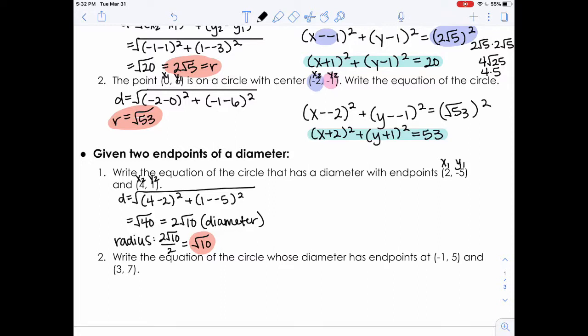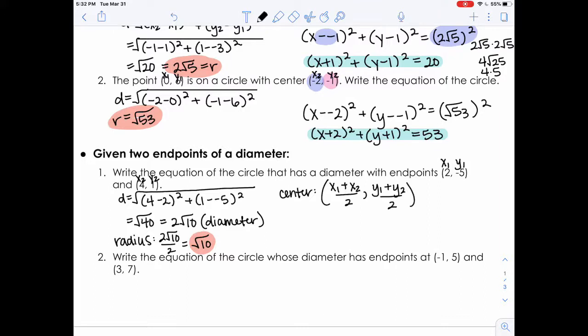So we're going to use the midpoint formula to find our center. And remember that the midpoint formula takes the x's and adds them together, and then divides them by 2, and then takes the y's and adds them together, and divides those by 2 as well.